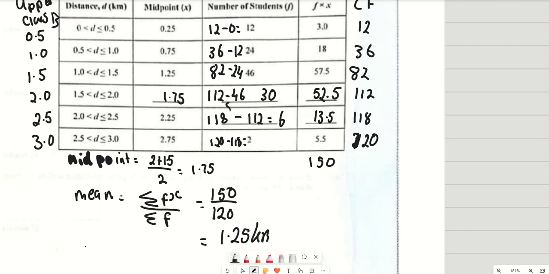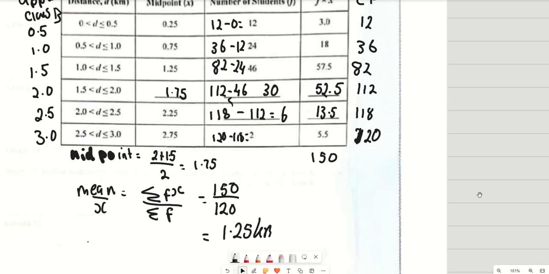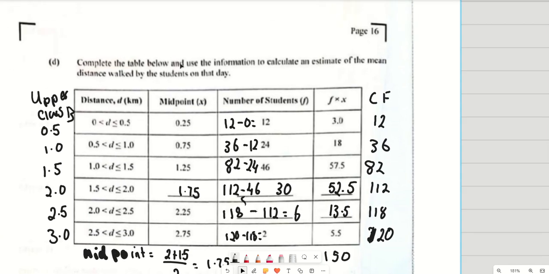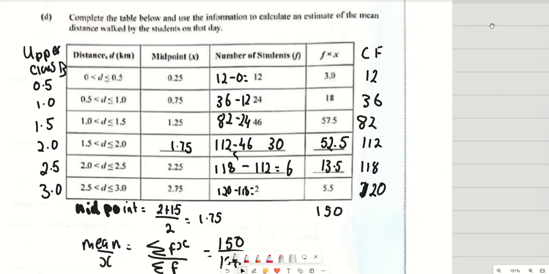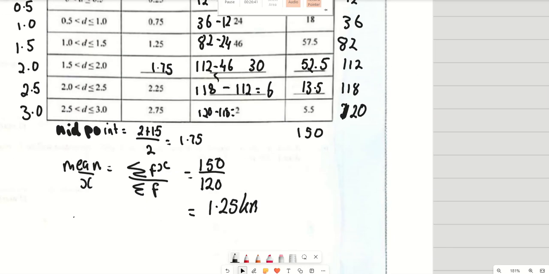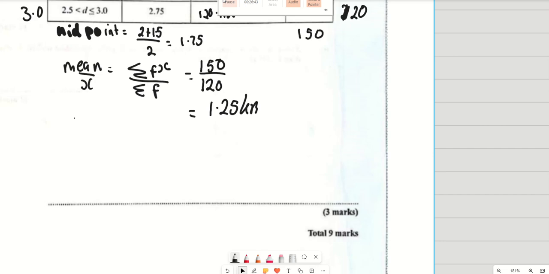And that is how you would find the mean. Mean is also x with the bar across, right? The mean distance walked by the students on that trip.